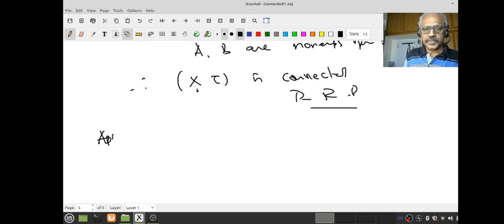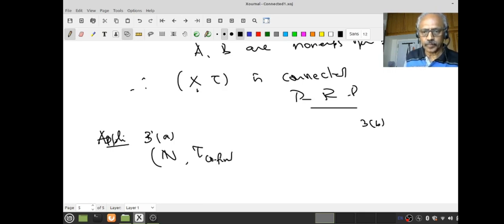As trivial applications, we will look at 3a and 3b. So let us start with the set N. Can you think of what topology I want? The cofinite topology. And start with R with the co-countable topology.